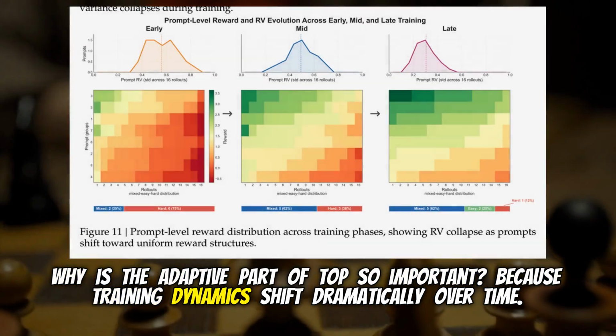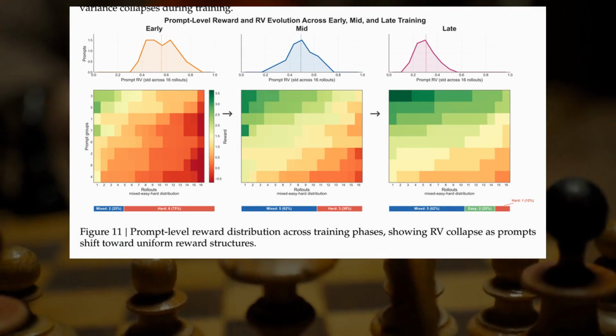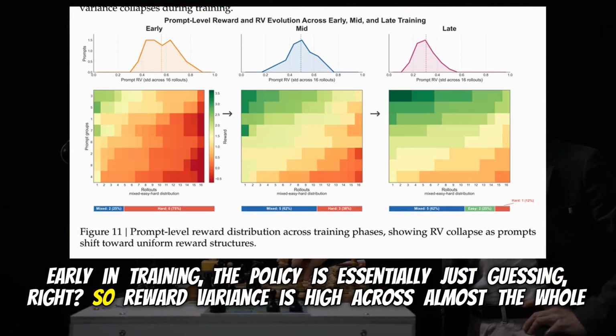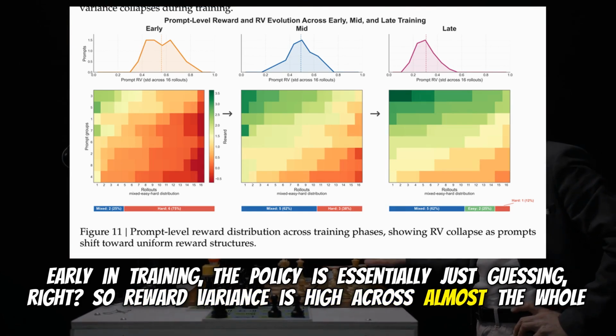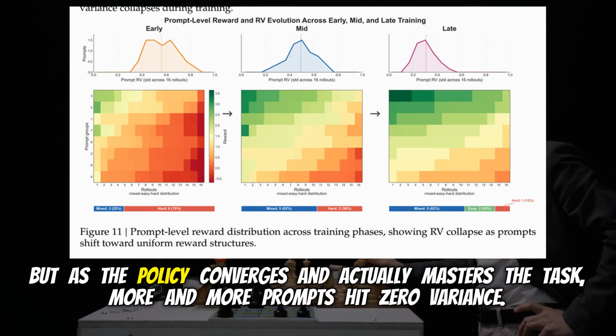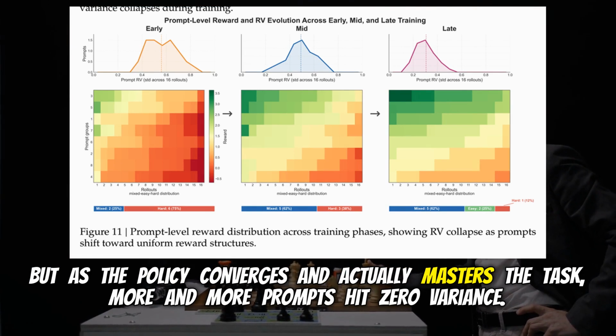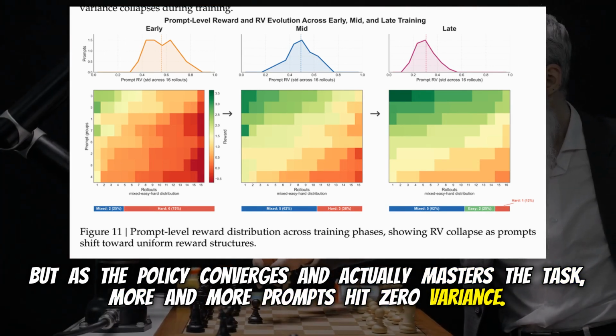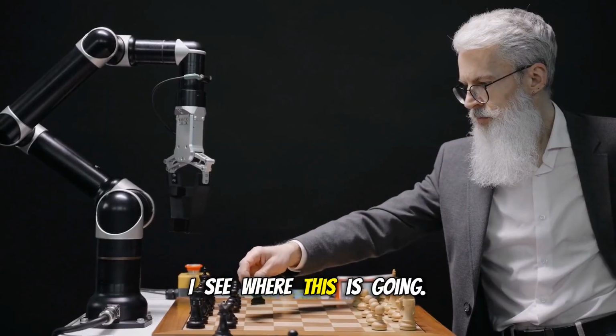Because training dynamics shift dramatically over time. Early in training, the policy is essentially just guessing, right? So reward variance is high across almost the whole batch. Right. But as the policy converges and actually masters the task, more and more prompts hit zero variance. Ah, I see where this is going. Yeah.